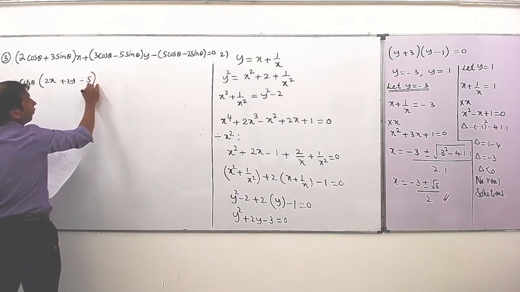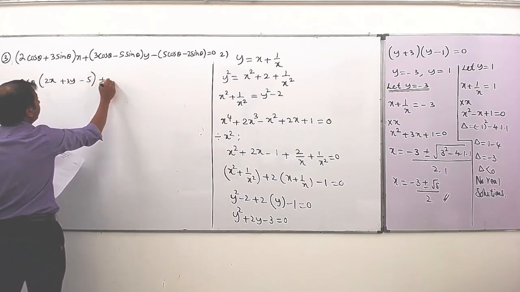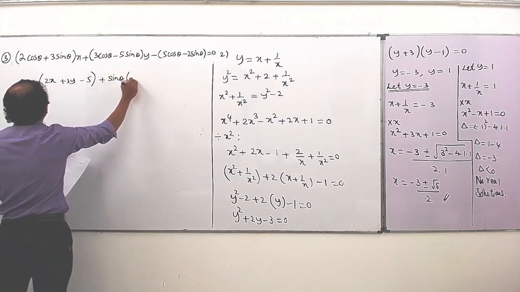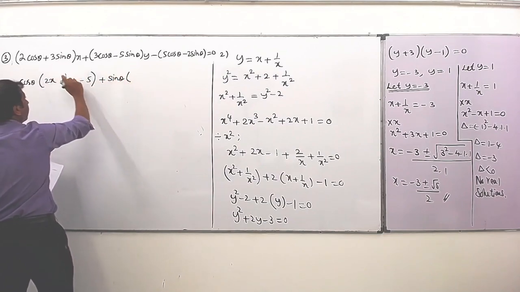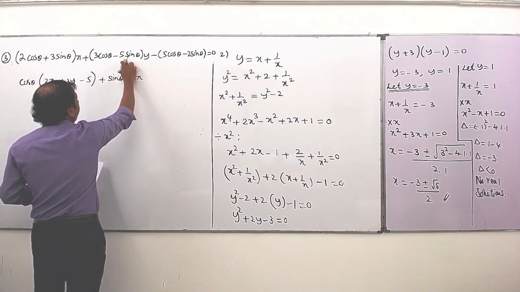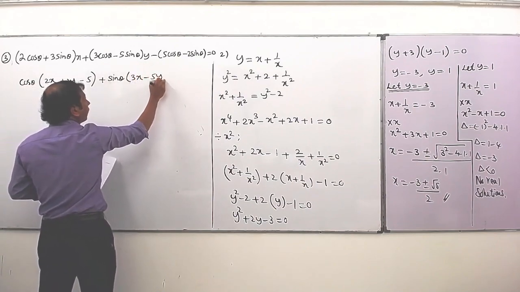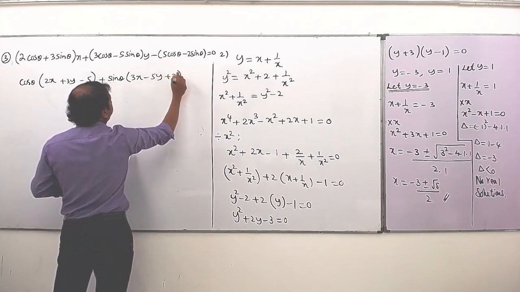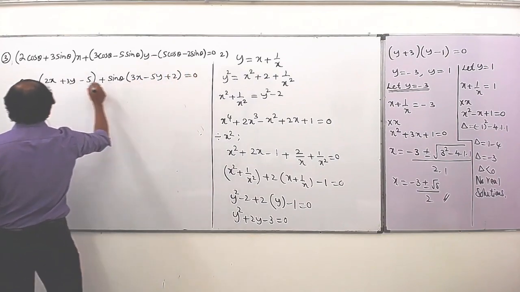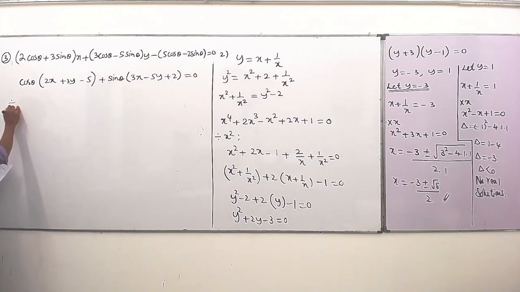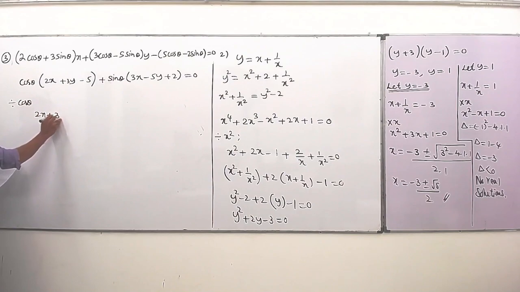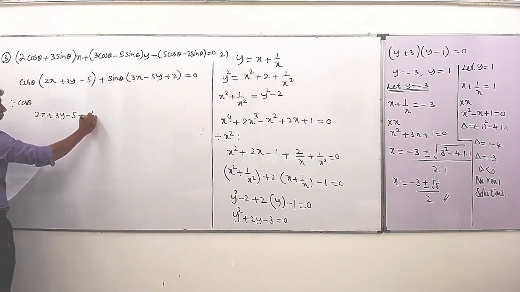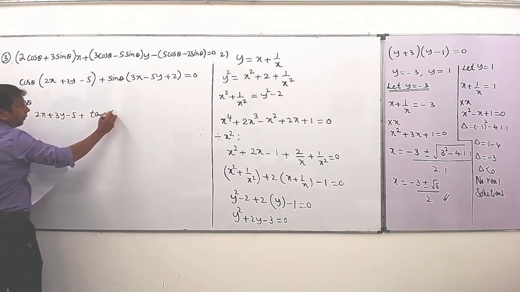Next, the sin theta terms: 3x minus 5y plus 2 equals 0. We divide this by cos theta. So we get 2x plus 3y minus 5, plus tan theta times (3x minus 5y plus 2), equals 0.